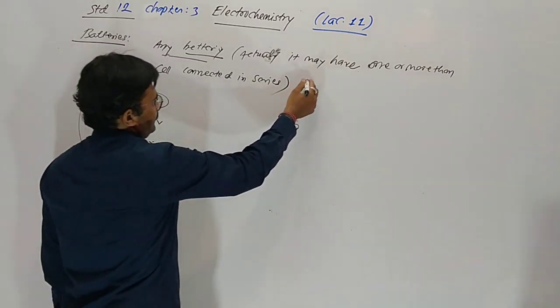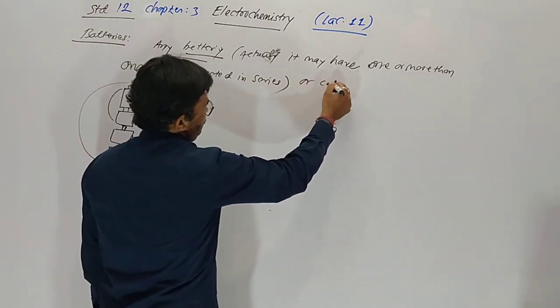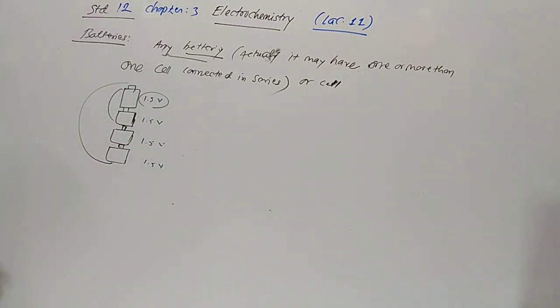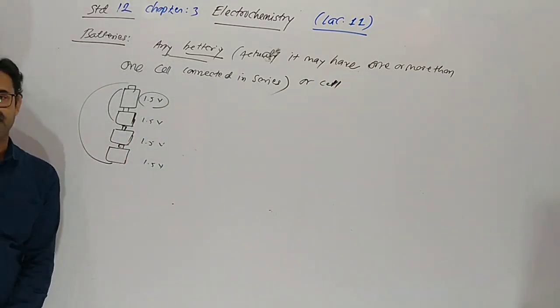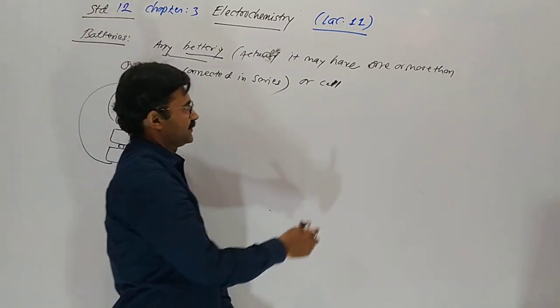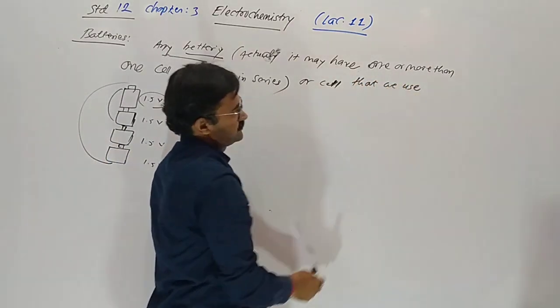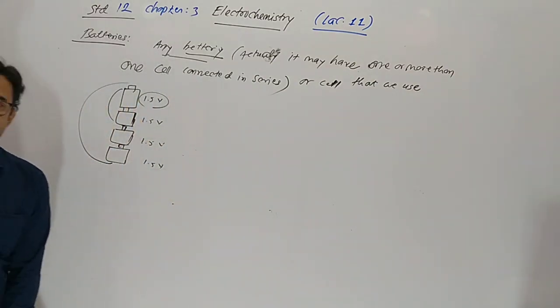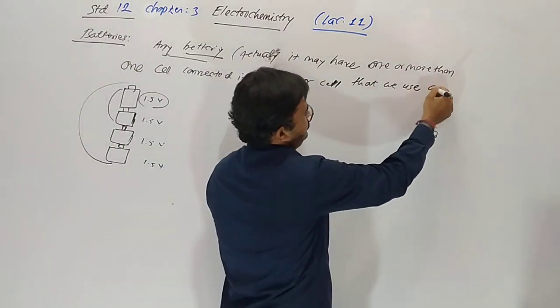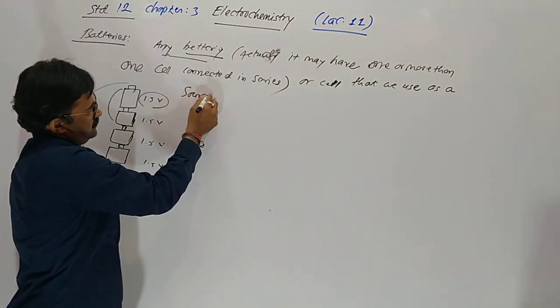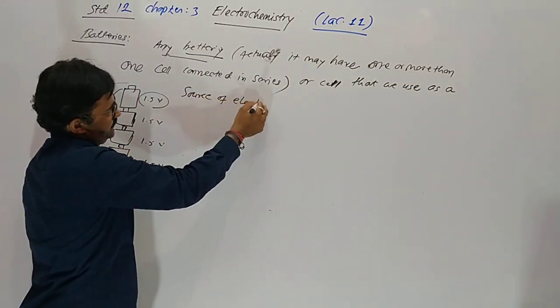Our household inverter, 2-wheeler and 4-wheeler battery, or cell, that we use as a source of electricity.